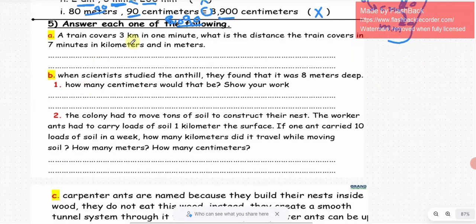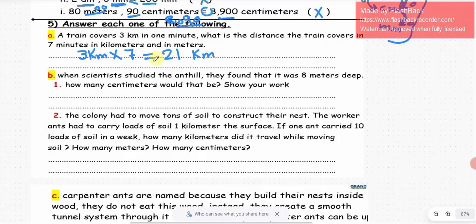A train covers 3 kilometers in 1 minute. What is the distance the train covers in 7 minutes, in kilometers and in meters? 3 kilometers will be repeated 7 minutes. In each minute, the train will cover 3 kilometers, 3 kilometers, 3 kilometers. So 3 kilometers will be repeated 7 times, which equals 21 kilometers. So in 7 minutes, the train will move 21 kilometers.